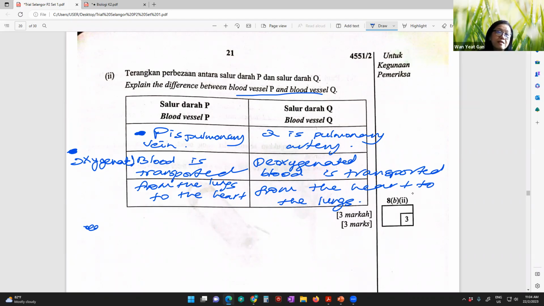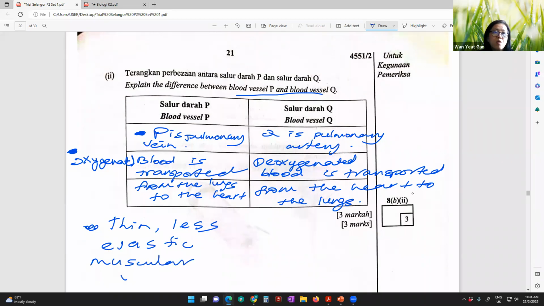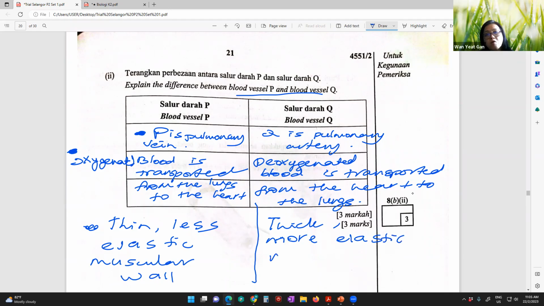One of it is that it has a thin, less elastic, muscular wall, whereas artery has a thick, more elastic, and more muscular wall. Okay, so give at least 3 because they indicate here they want 3 marks.